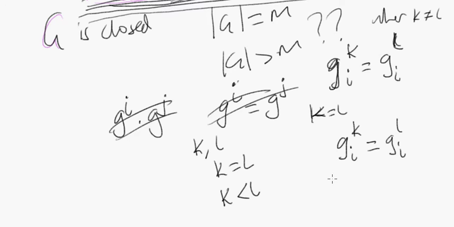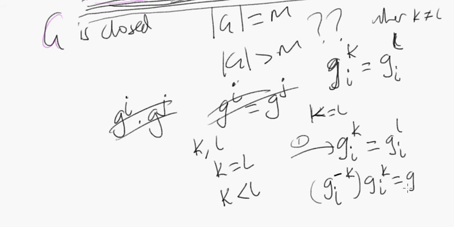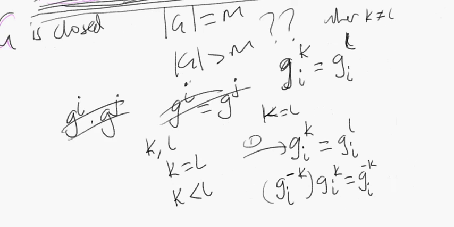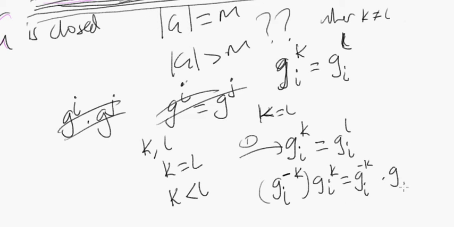Okay, we've supposed that k is less than l. So then, isn't it true that if we take this first equation here and multiply both sides by g sub i to the minus k, otherwise known as g sub i to the k inverse, well, now we have g sub i to the minus k times g sub i to the k equals g sub i to the minus k times g sub i to the l.